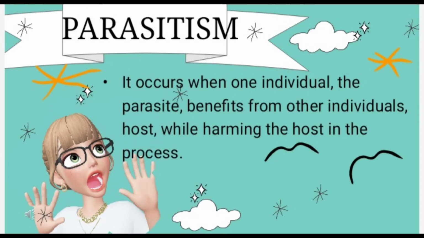The next type of interaction is called parasitism. It occurs when one individual, the parasite, benefits from another individual, which is called the host, while harming the host in the process. A parasite is typically an organism that lives and feeds off the living host.